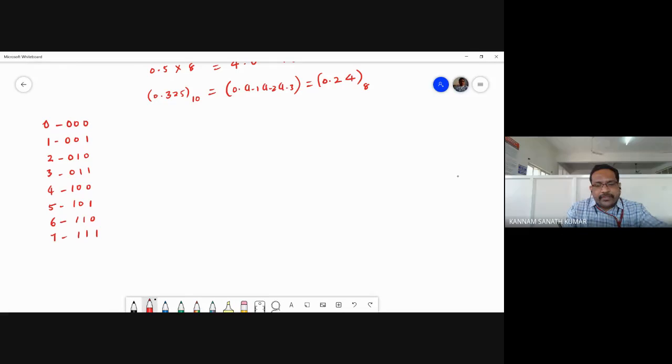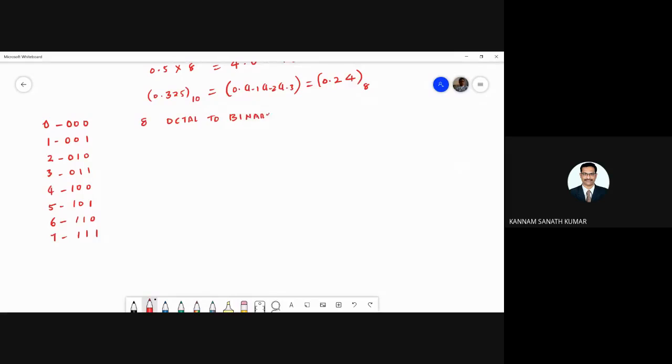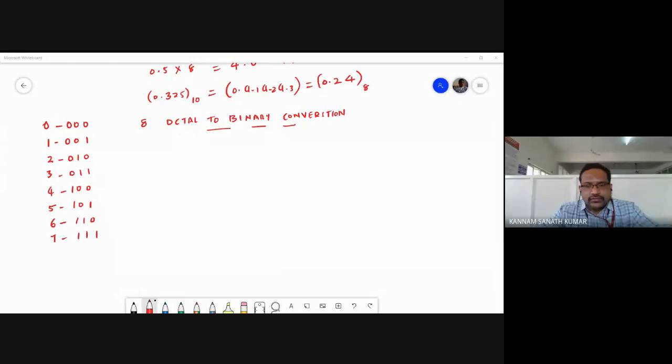So this is octal to binary conversion. Suppose we take one example.